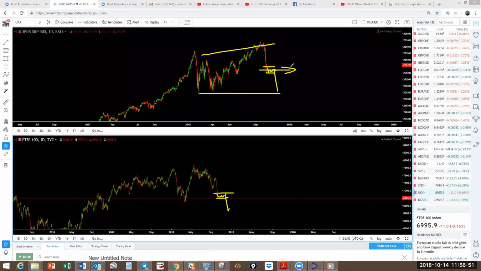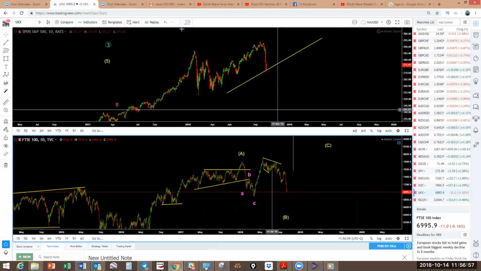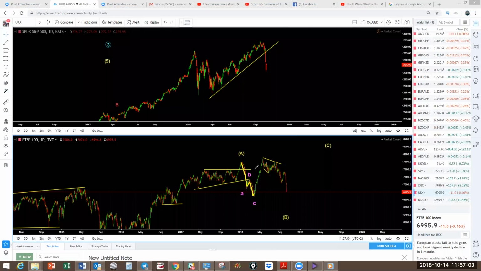Okay, so that is the FTSE 100. If I just put on the labeling here on this one, you'll see that we've got this 3-wave move down. This correction looks impulsive, but we can accept it as a correction. So it's going to be a WXY move. Right, so what we're looking at here is a push a little bit lower and a push higher.